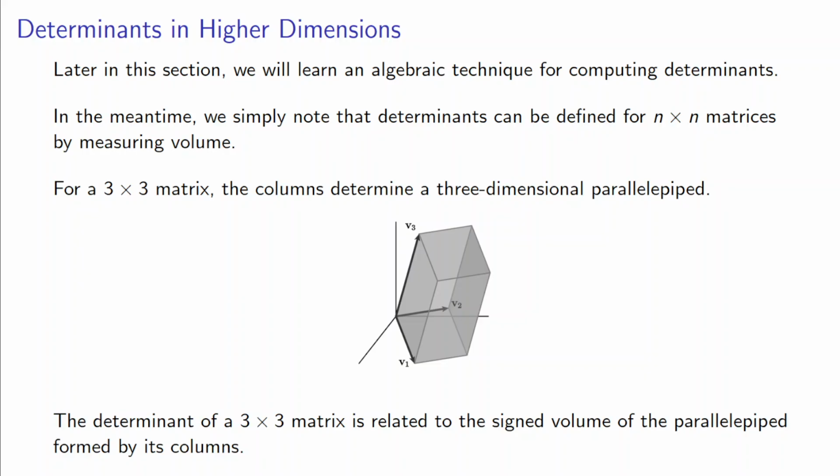The image here shows you the parallelepiped for vectors with three sides, v1, v2, and v3. The volume of that parallelepiped would equal the determinant of the matrix whose columns are v1, v2, and v3. The formula for the determinant of a 3x3 matrix is a bit messy, but we want to keep in mind that this is what's going on in the background.